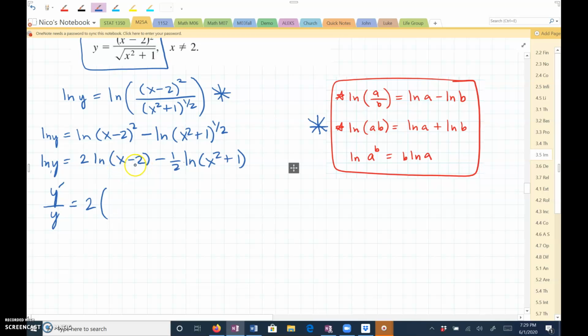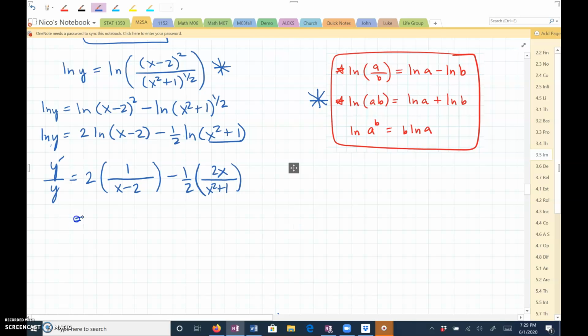This is going to be u prime over u. So u is x minus 2. If I take the derivative of u, that's going to be 1. Minus 1/2. Same thing here. The rule is u prime over u. So u is going to be x squared plus 1. U prime would be 2x.